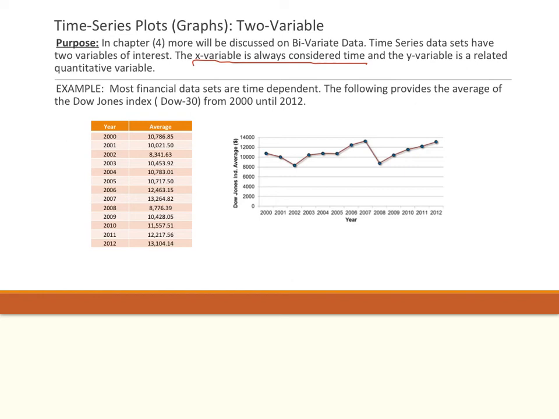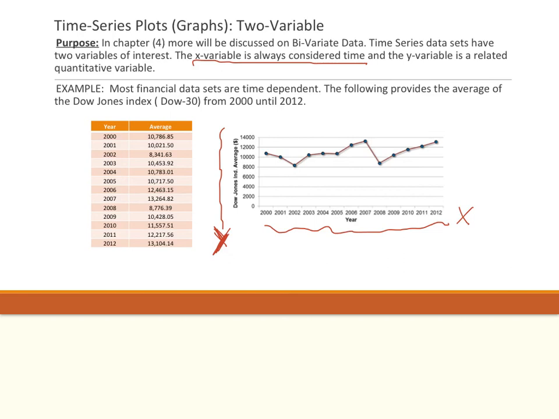The following data set provides the average Dow Jones Industrial Average, Dow 30, from 2000 to 2012. Again, the x variable is the years here. It goes from 2000 to 2012. And then our y value is the average of the Dow Jones, right? So there's y, and there's x over here.